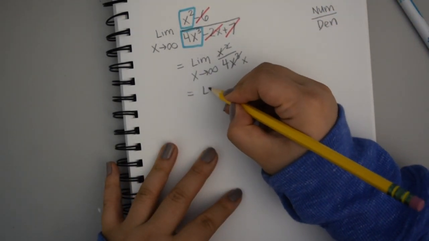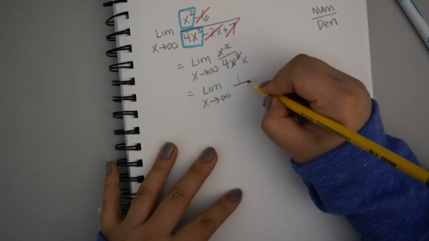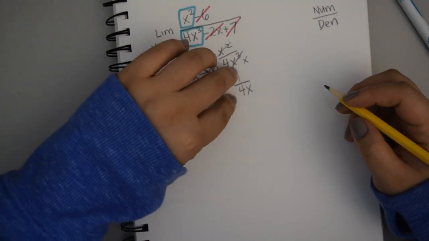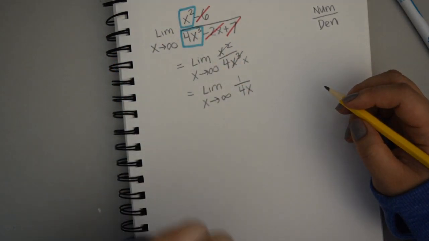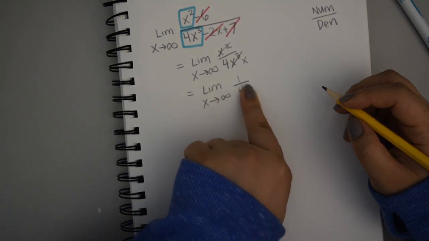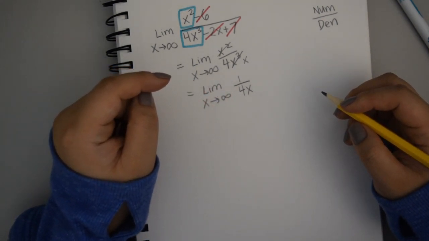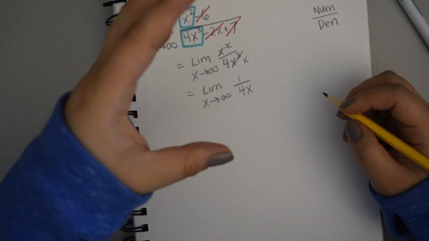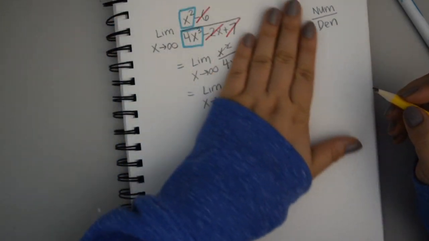So we have the limit as x approaches infinity of 1 over 4x. Now, you can either at this point pull out the 1/4 and say the limit as x approaches infinity of 1 over x equals 0, or you can notice that if x gets really big, you get 1 over 4 times a huge number, which is really small. It's still positive, but it's going to approach 0.